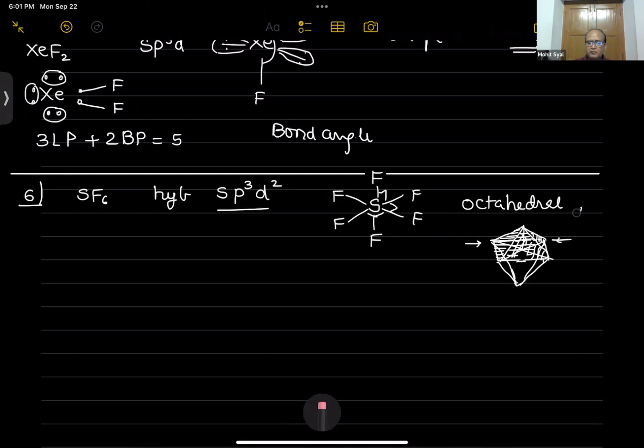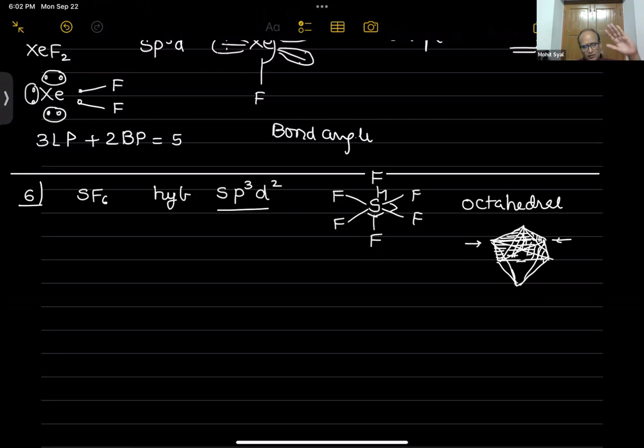Students may get confused: octahedral means eight, but how many bonds are there? Six bonds, sp3d2 hybridization. But if it has six bonds, how can we have octahedral?